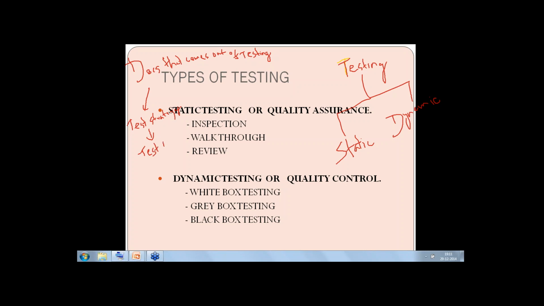So then you have the test plan document. After you make the test plan document, you have something known as your test design docs, TDDs. And after that, you have test reports.